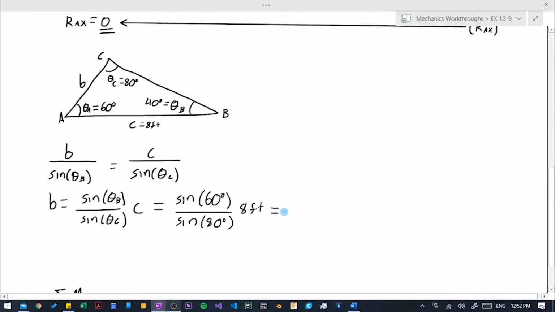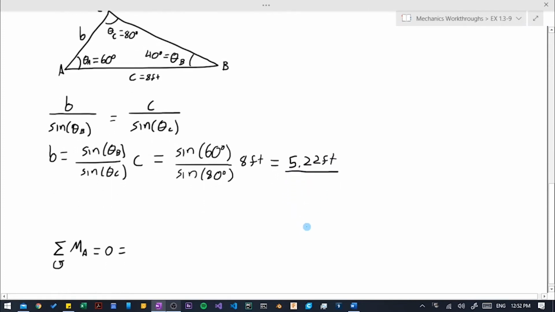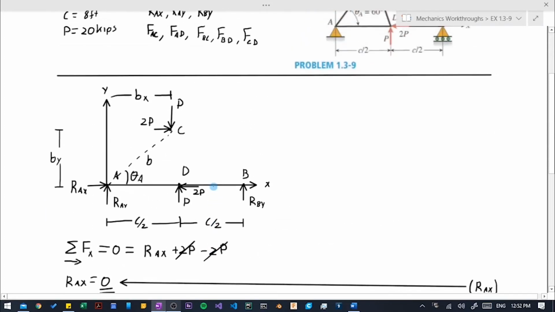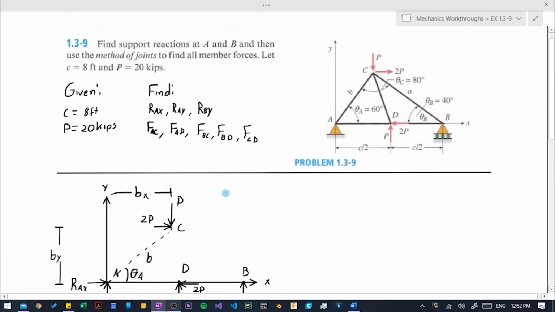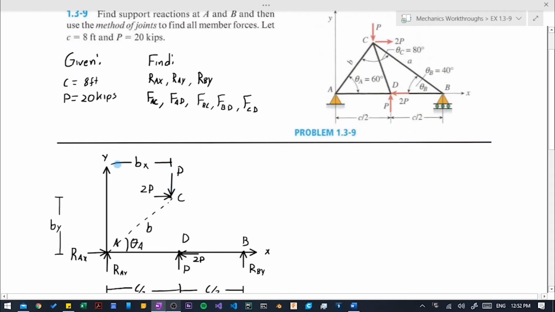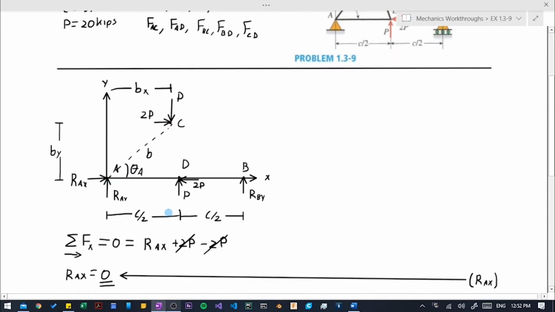And when we plug this into our calculator, we get 5.22 feet. And this is an intermediate answer, so we give it a single underline. And now that we know B, we can find Bx, which we can find using simple trig knowledge. So Bx is going to be the length of B times the cosine of this angle.